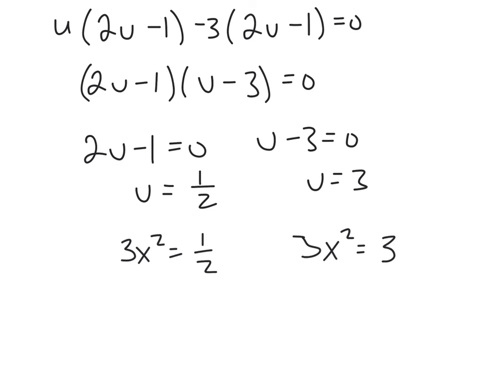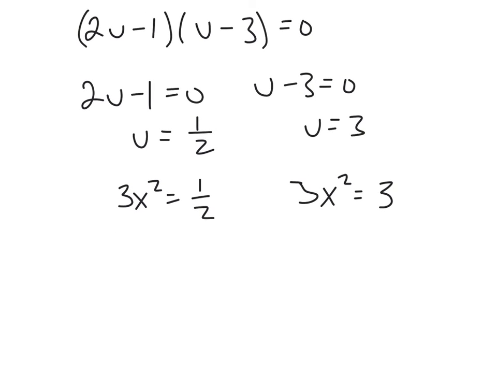And so from here, we simply solve for x, right? So I'm going to divide by 3, which means I'm multiplying by 1/3. So I have x squared equals 1/6.